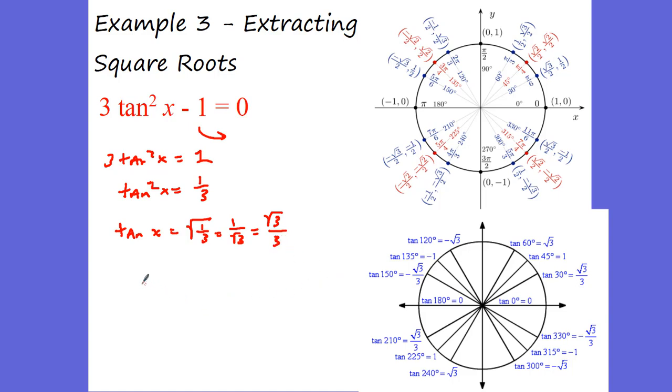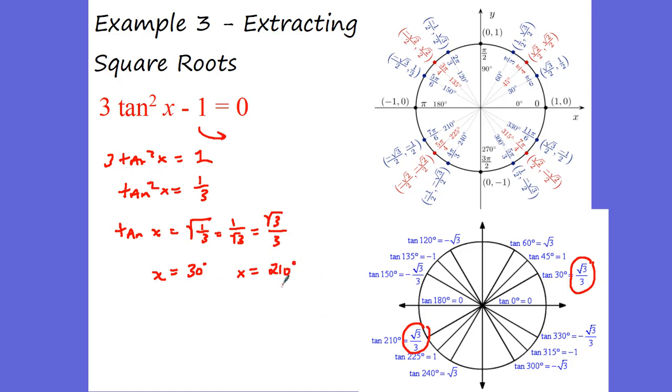Now keep in mind, we're trying to find out where tangent is going to be equal to positive root 3 over 3. And so we need to take a look at that. x is going to be equal to root 3 over 3 right here at 30 degrees. We could also be across from that, right here at 210 degrees.